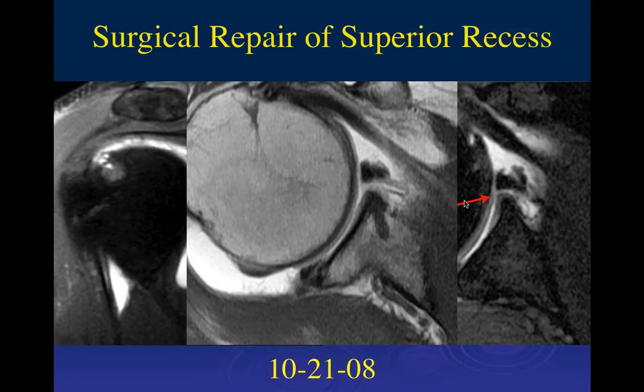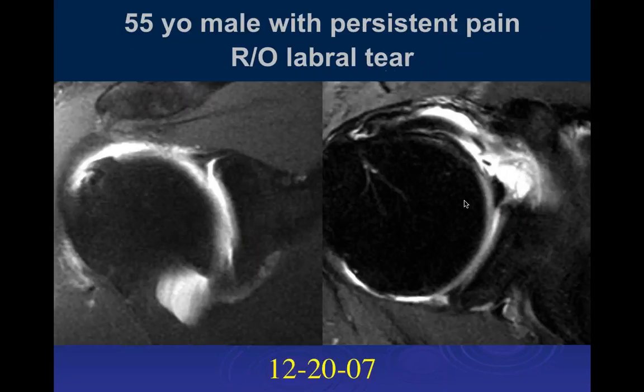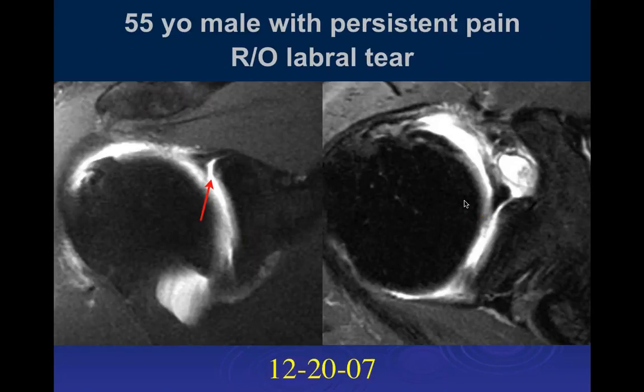And if you really suspect a tear, you may want to do a tenodesis of the biceps rather than what was done. It doesn't look like the labrum was reattached.